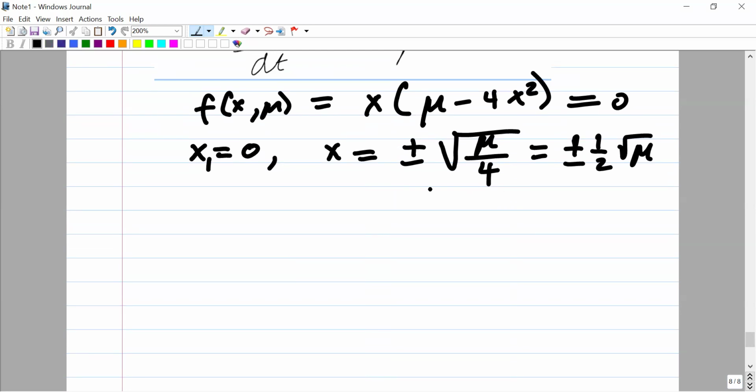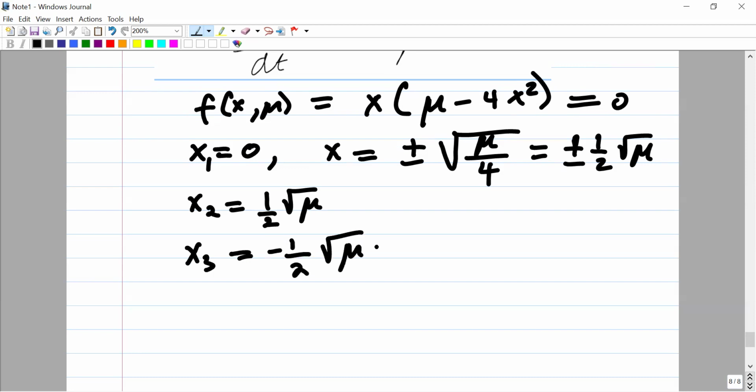So we have now x1 is equal to 0, x2 is equal to half root mu, and x3 is equal to minus half root mu.